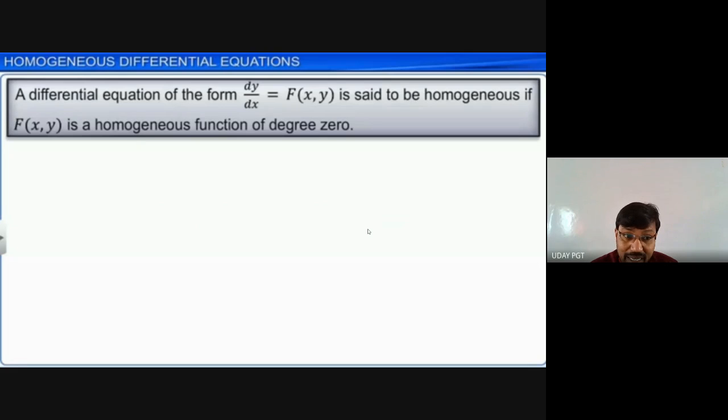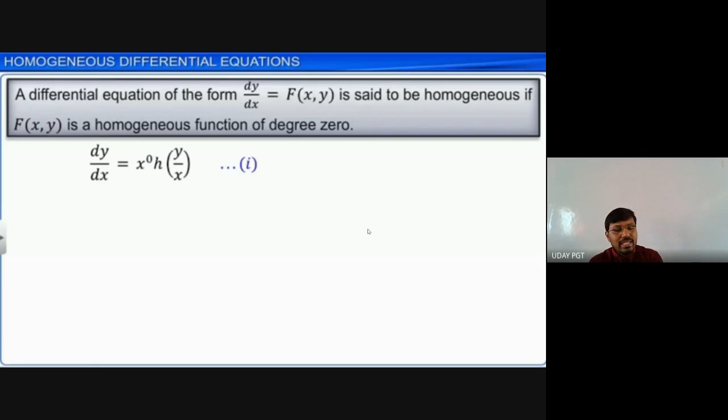But when the function is part of a differential equation, that differential equation is said to be homogeneous if the given function is homogeneous of degree 0.